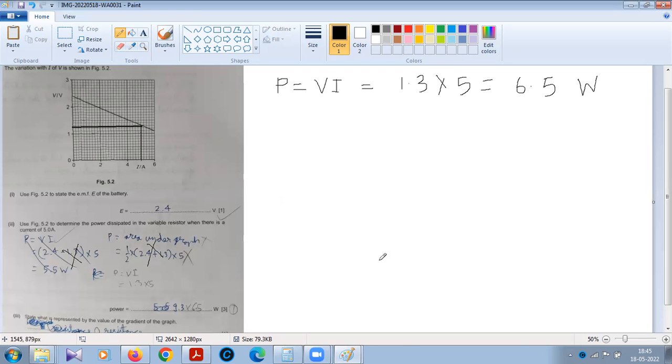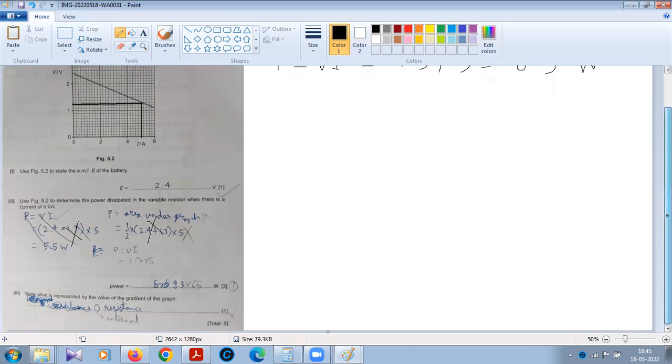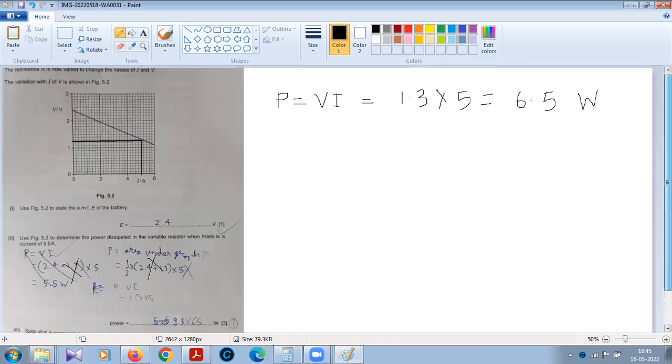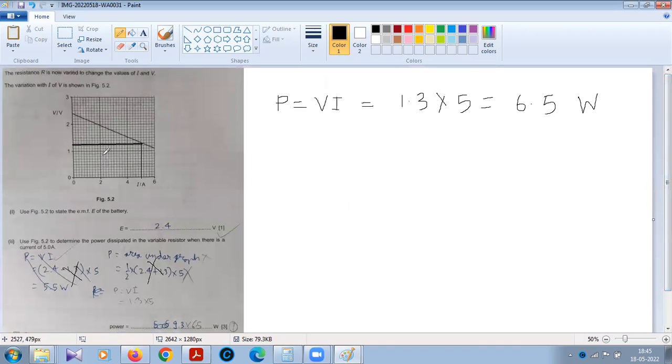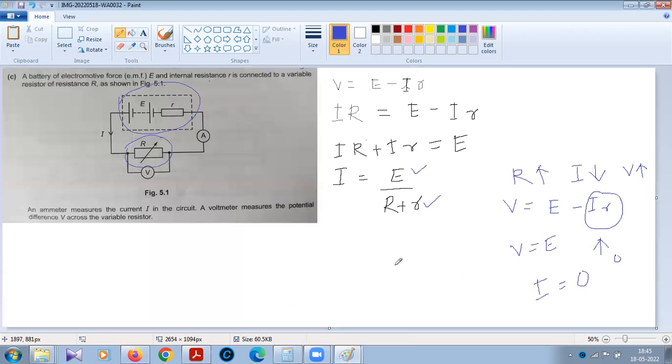Now another part they are asking us: state what is represented by the value of the gradient of the graph. So what do you think? The gradient of the graph represents what? Resistance. See here, this is the equation given to us. A V versus I graph is given to us.